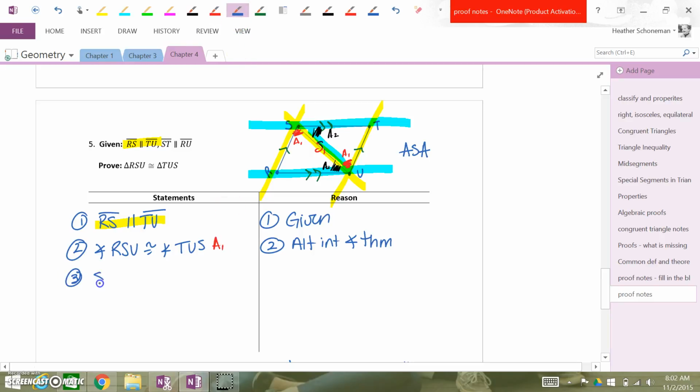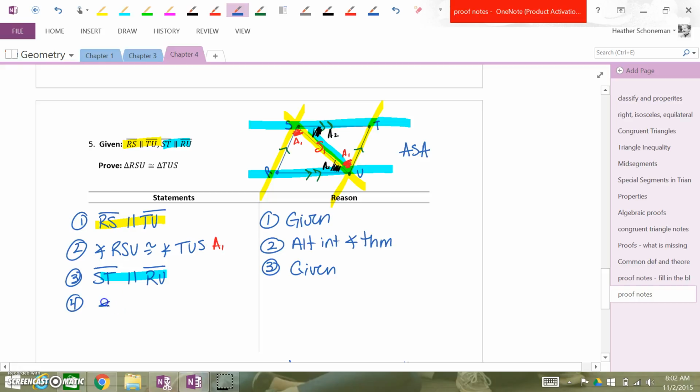So looking at the blue lines, that would be ST is parallel to RU. And in our picture, those are the blue lines. And because of those, well, first of all, that was given. But because we marked those lines parallel, we're able to say those black angles, angle 2, were congruent.